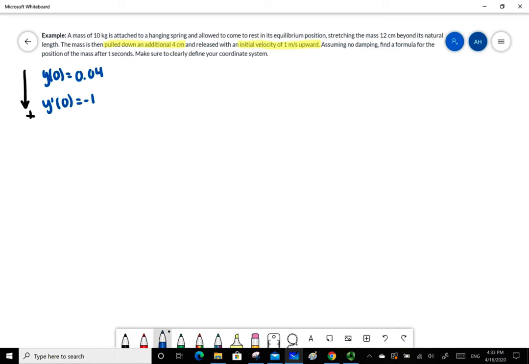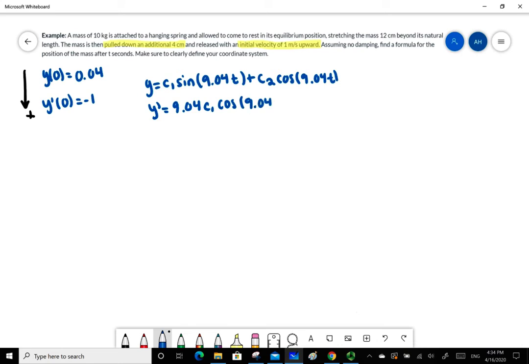It's still y equals c1 sine of 9.04t plus c2 cosine of 9.04t, and y prime is still 9.04c1 cosine of 9.04t minus 9.04c2 sine of 9.04t.